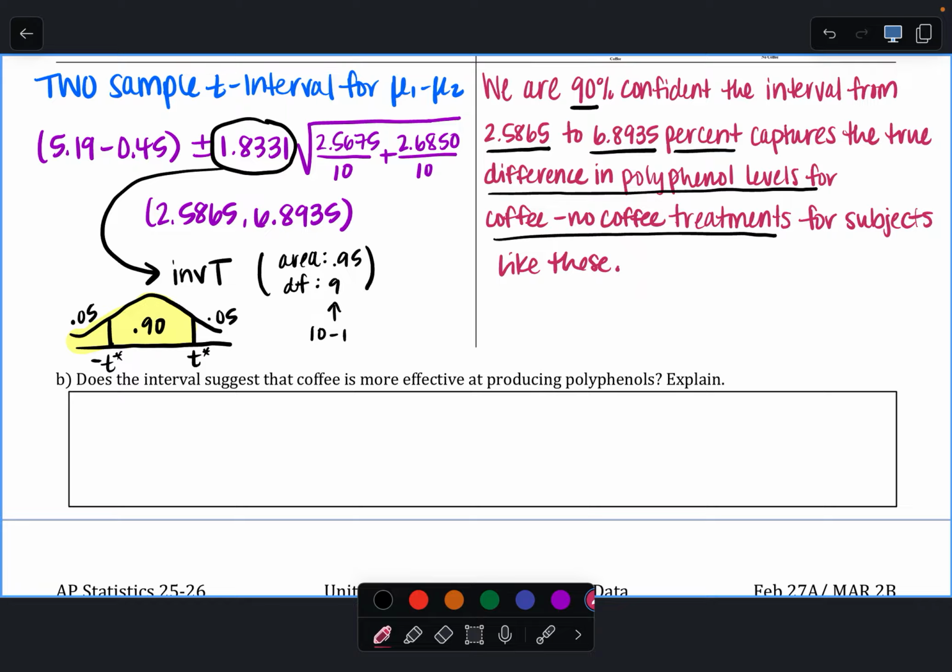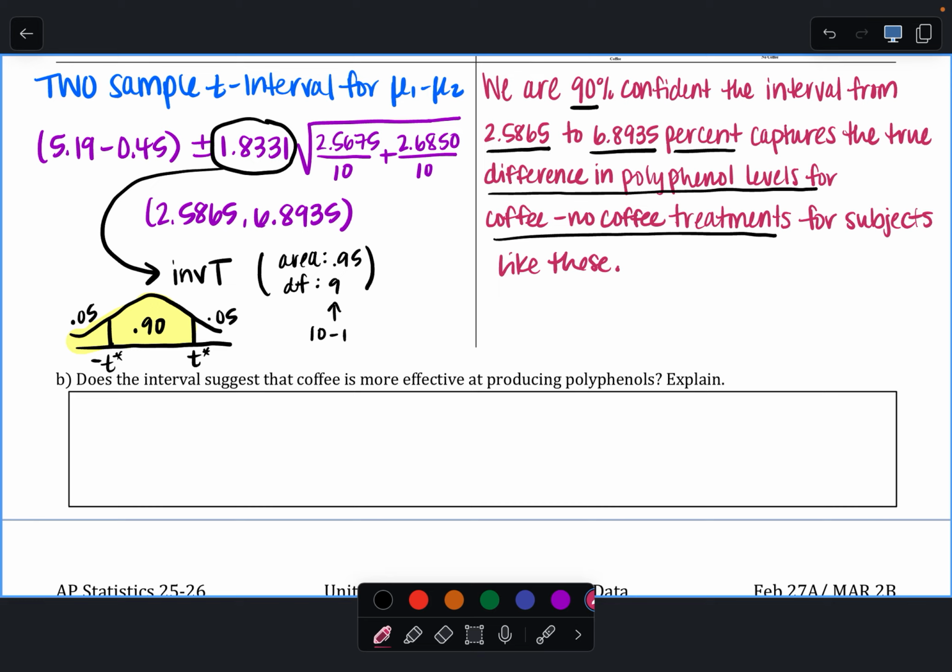It is important that when you are doing either the matched pairs or the 2 sample, that you do include the word difference because they are calculated differences. We are getting the difference between the coffee group and the no coffee group, and we are seeing those calculated values.